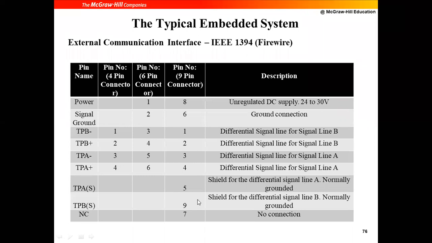Normally it is grounded, and TPB is a shield for differential signal line B. It acts to protect the data signals carried through signal line A or signal line B. Okay, NC is the last pin, that is, no connection. So this is basically the function of each pin of the connectors.